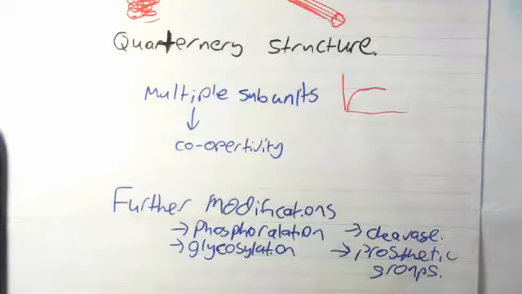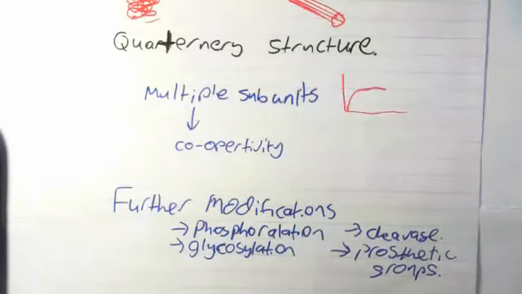You can have cleavage, so a polypeptide chain can be cleaved to get rid of certain segments which were markers for things before but weren't needed after a certain point. And then you can have adding of prosthetic groups like heme groups in hemoglobin, and other groups, say inorganic groups, which help the activity and function of the enzyme or protein.